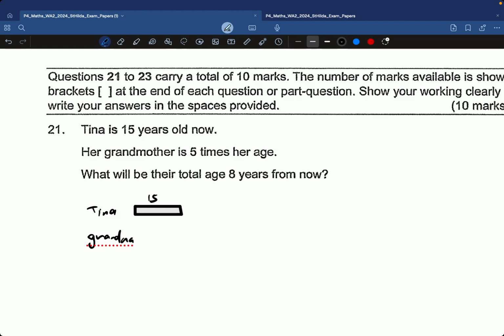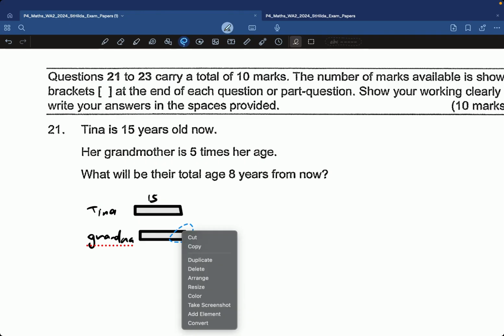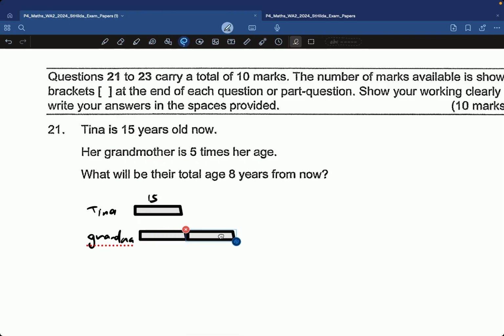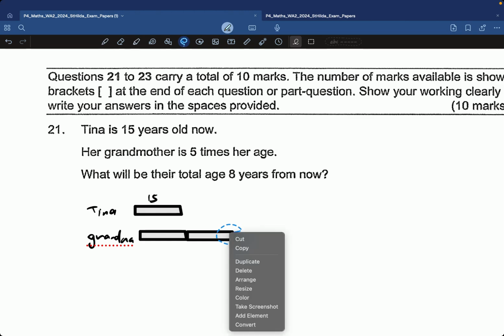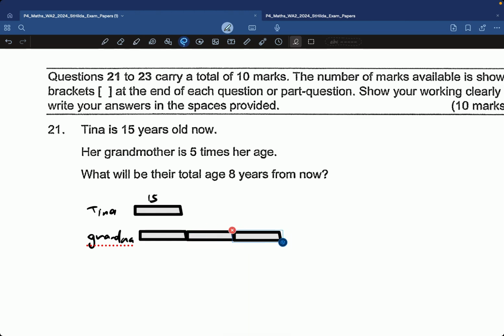So you need to do 5 times of this. Okay, so let me duplicate this. Duplicate 1 time, 2, 3, right? Looks like gold bars. 4, and then we have one more, and 5 in this case over here.